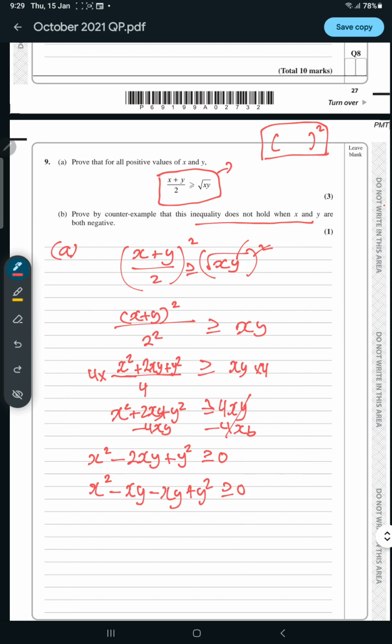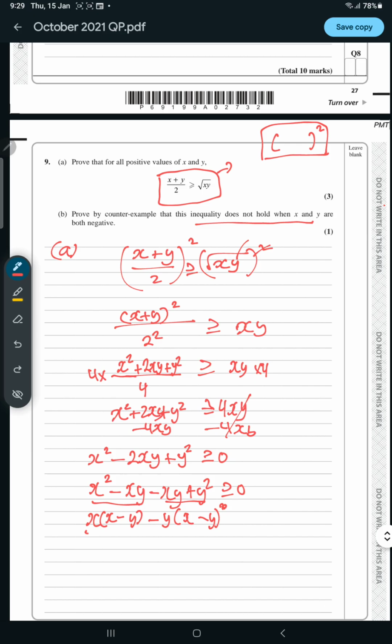So we can factorize these two terms and these two terms. We can take a common factor of x minus y, and same over here we can take a factor of minus y, x minus y, not squared, sorry.